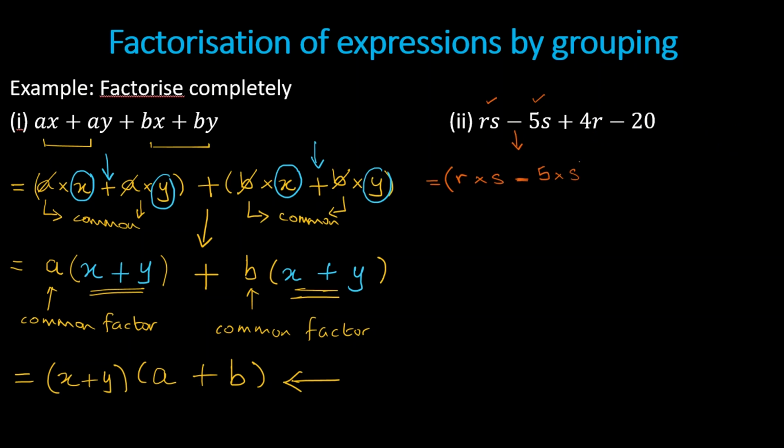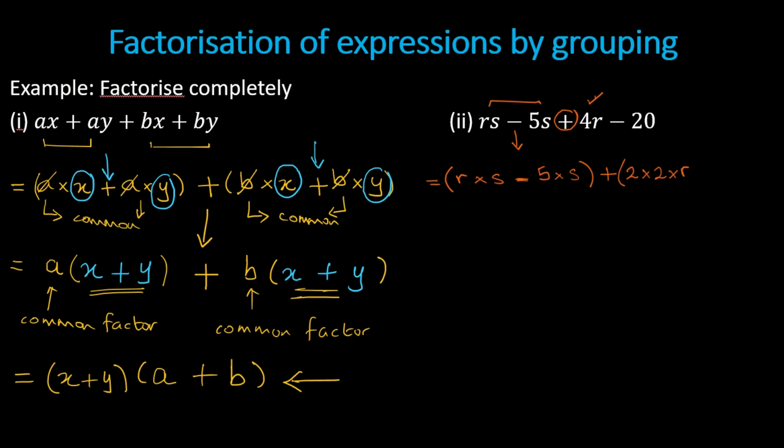Then we close the bracket because we have already taken the first two terms. Now you have a plus, you insert your plus. What about 4r in expanded form? It's 2 times 2 times r.